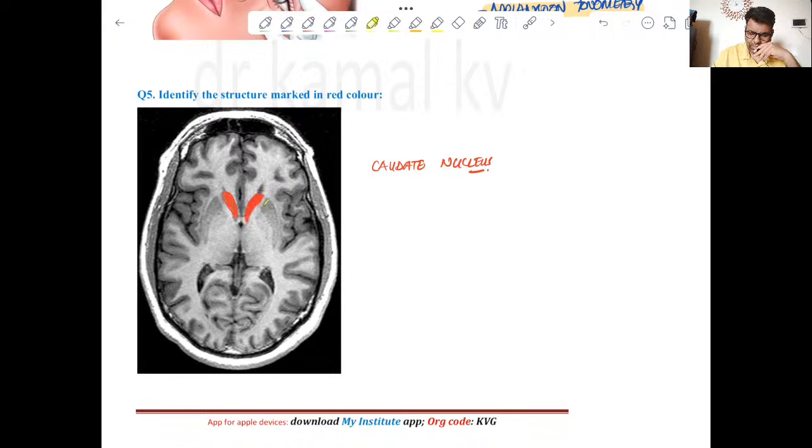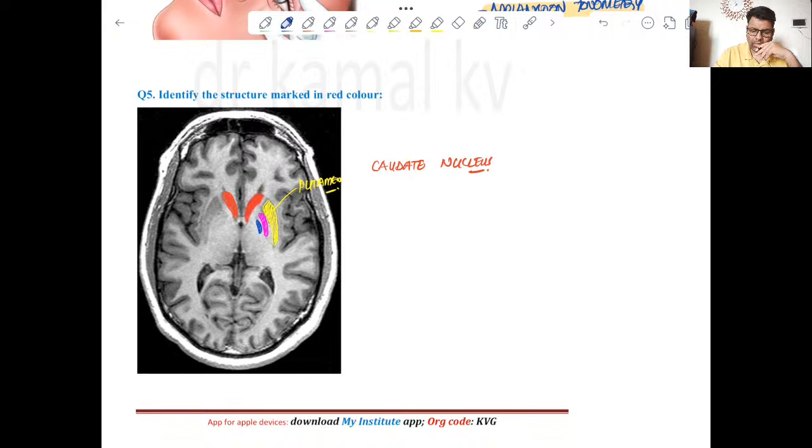Now, if you see, you can see one structure over here, and this is the putamen. Clear? This is the putamen. Then deep to putamen we have globus pallidus externus and globus pallidus internus. Clear?